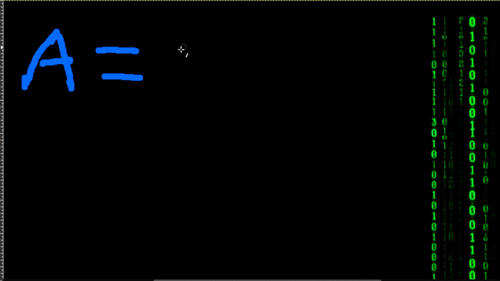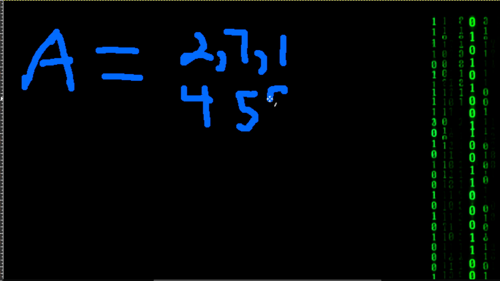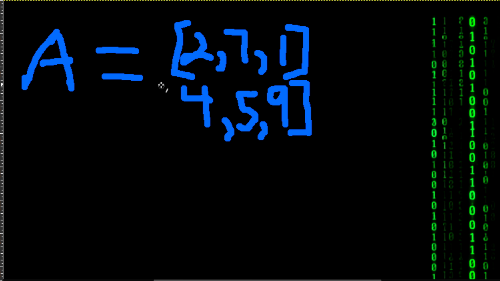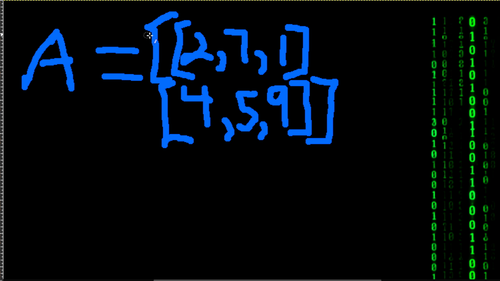So have matrix A, and say it consists of 2 rows and 3 columns. Say 2, 7, 1, 4, 5, 9. Here's the first row, and here's the second row, and they're contained inside brackets. At the beginning of the matrix is a bracket, and at the end of the matrix is a bracket.